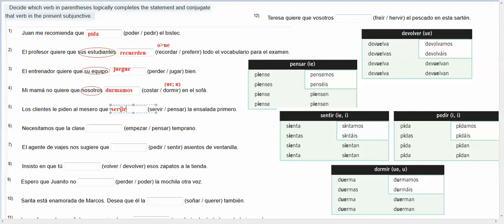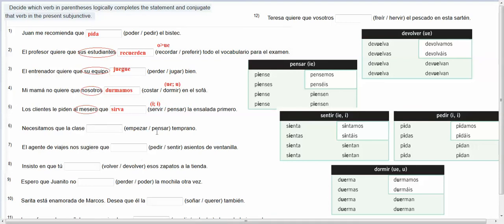So I'm going to change my E to an I. And then it's the waiter or he, so then I'm going to add an I, sirva. Okay, and I will put that here that it's an I. Okay.